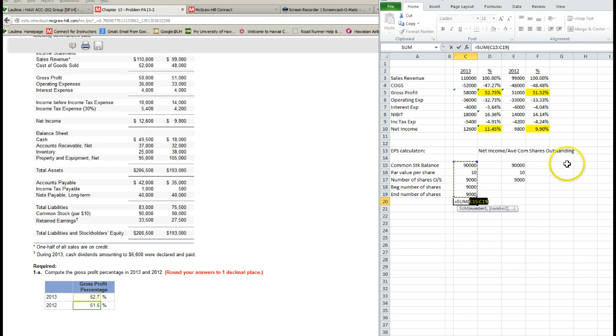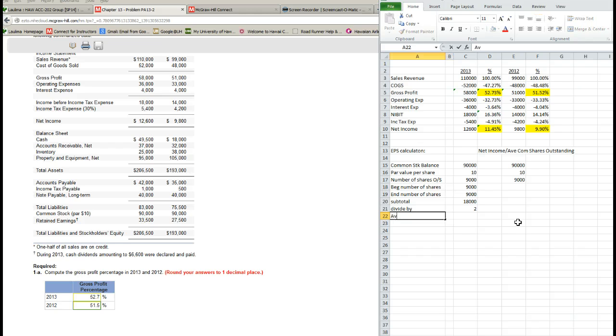And so the way we would do that is to add the beginning and the ending number of shares outstanding for the year and divide by 2.